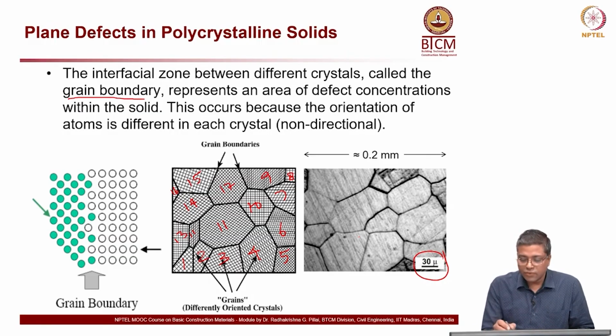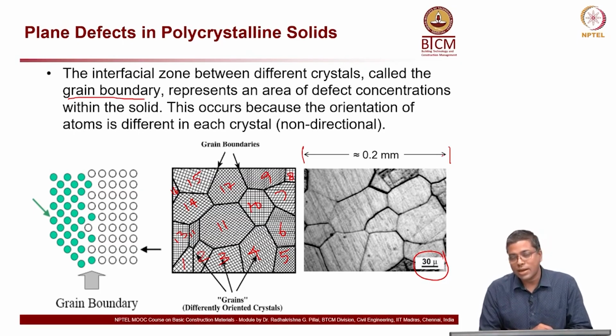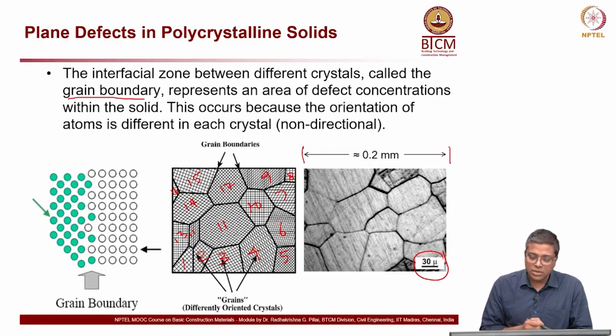If you look at this photograph from left to right end, it is about 0.2 millimeter. So, you can see how small that is. Each of these grains is even smaller than a fraction of a millimeter.